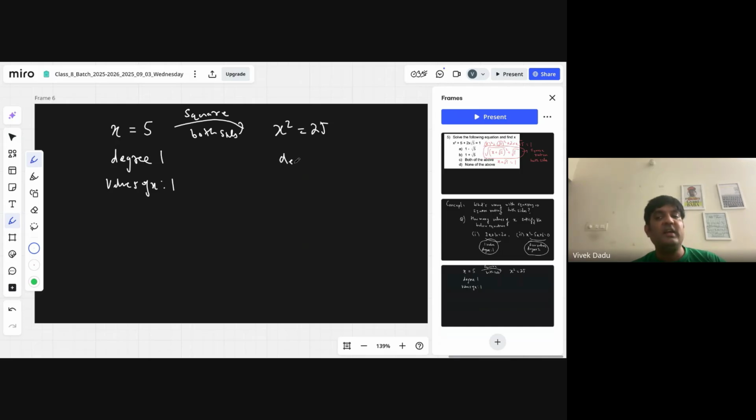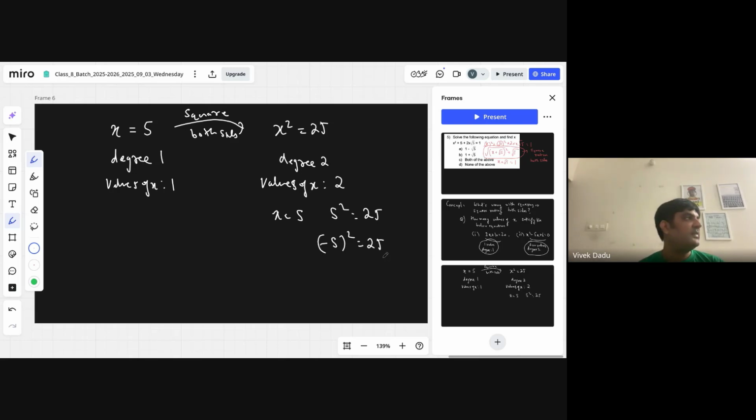What is the degree here? 2. Values of x, how many? You will get 2 values of x. See how. x equal to 5 will satisfy this. Even x equal to minus 5 will satisfy this. So by squaring, what are you doing?